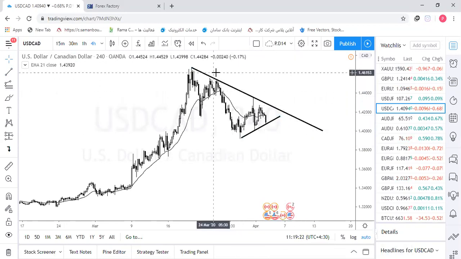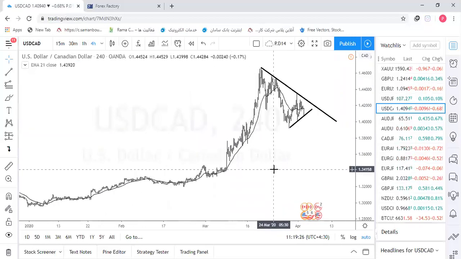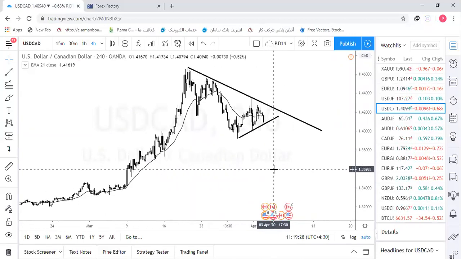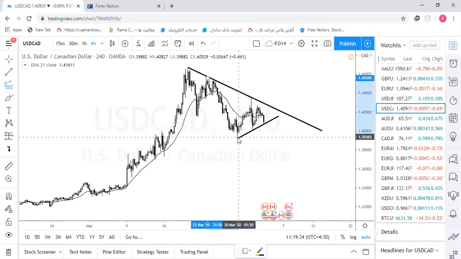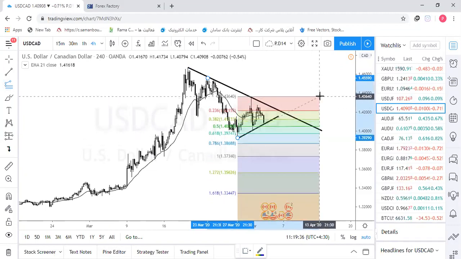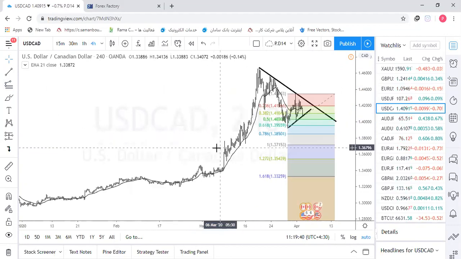So maybe this is the A, this is the B, and we are going for C. So if we are asking when C will end, we can use a trend-based Fibonacci again, and yeah, like this, and one is right here.